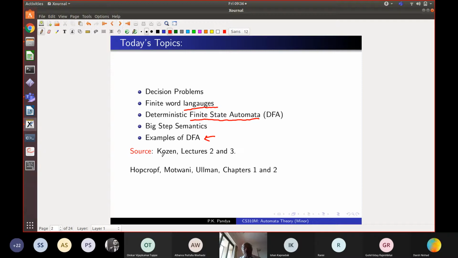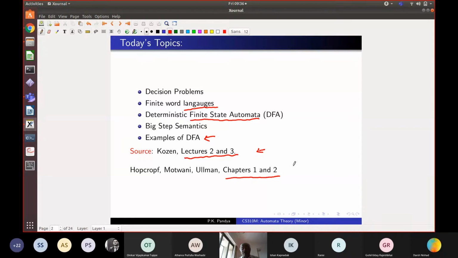The material that I'm covering today is given in lectures 2 and 3 of the Kozen textbook, and it's also given in chapters 1 and 2 of the second textbook, Hopcroft, Motwani, Ullman. They have more or less the same material, but the notation we are following is from Kozen, although Hopcroft gives more explanation.